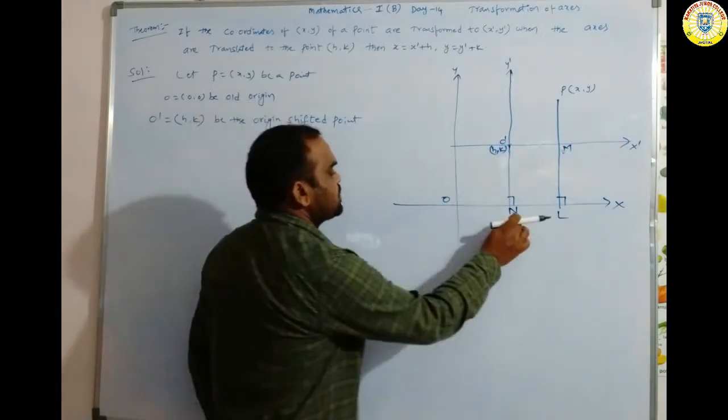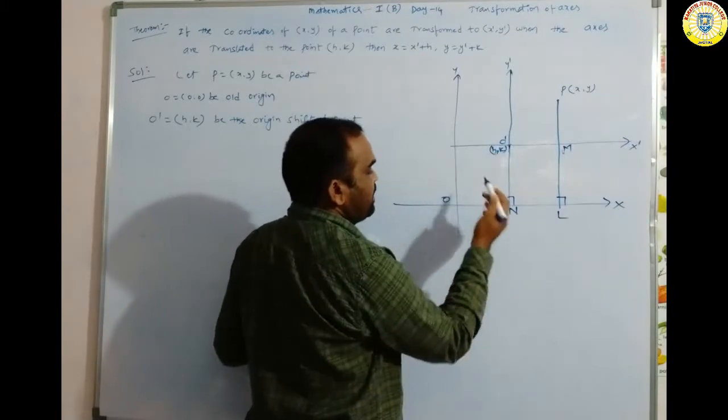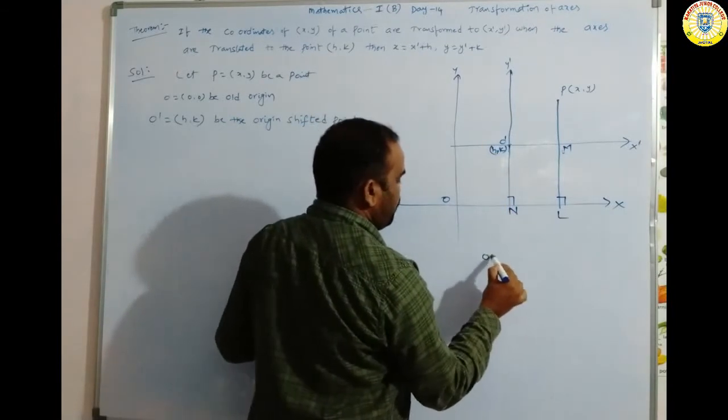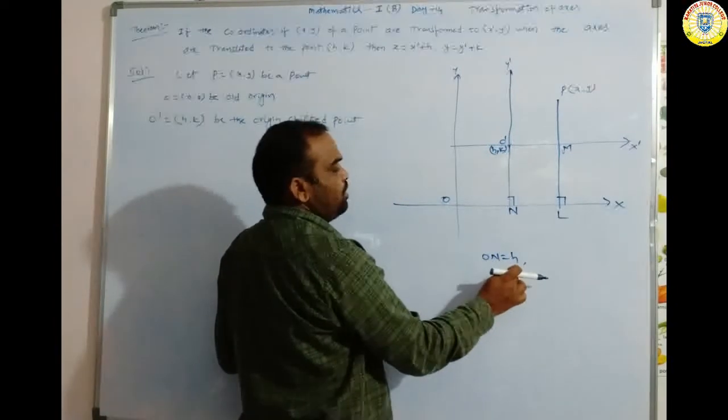That is the x coordinate, so ON is equal to H.